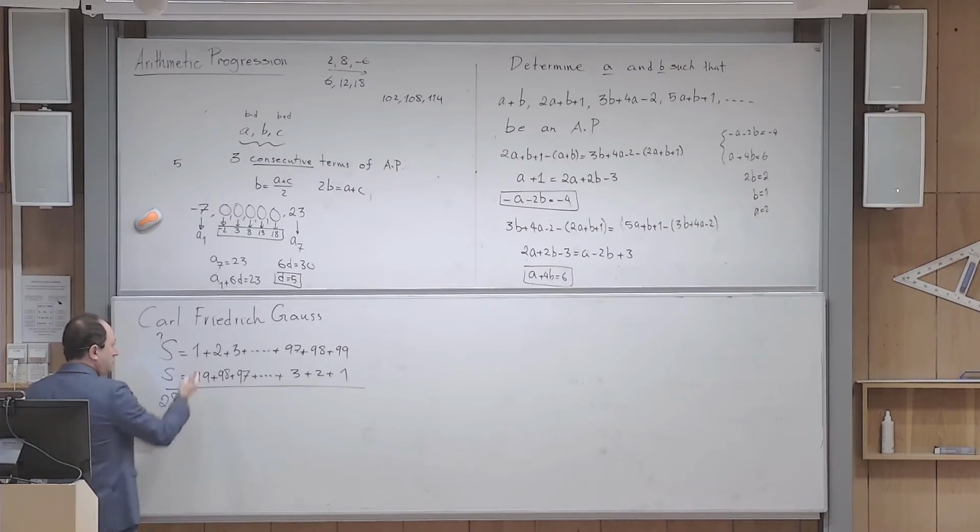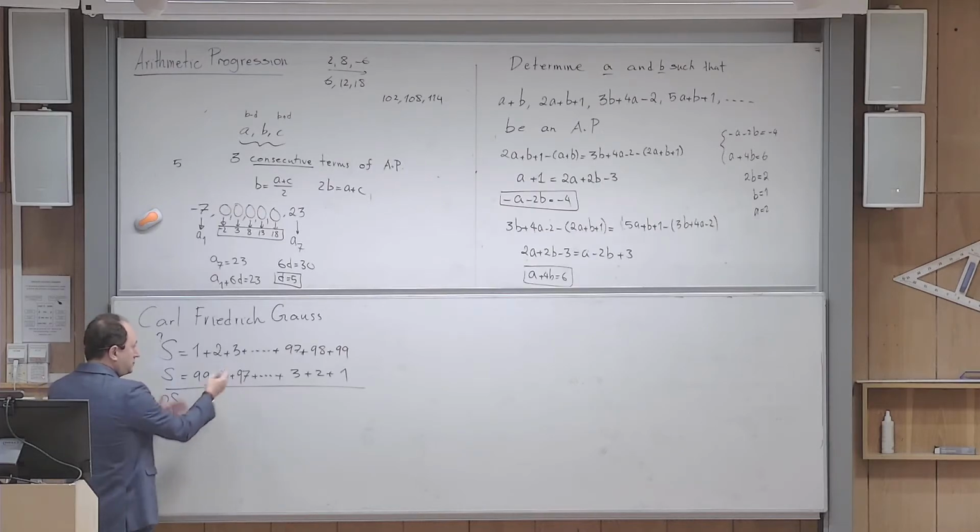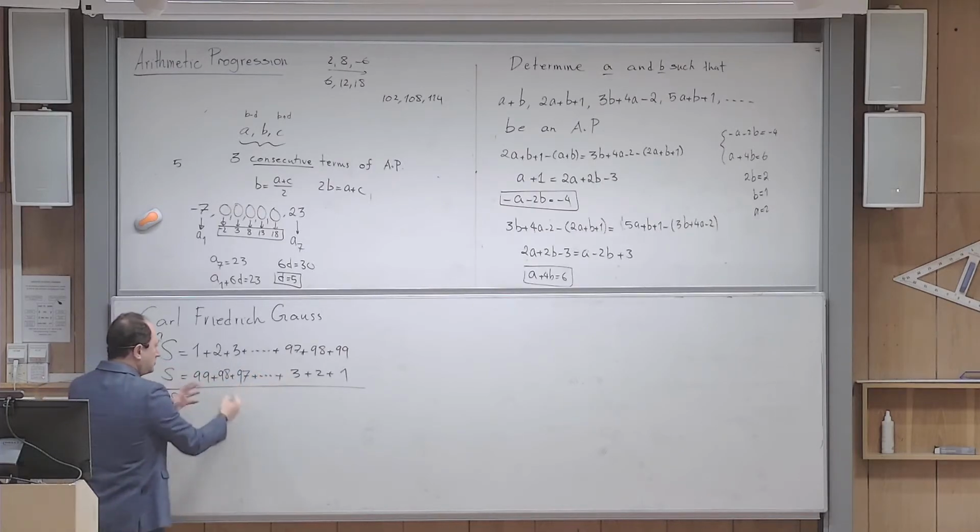And then he realized that if you add them side by side, S and S becomes 2S. Because addition is commutative and associative, it doesn't matter how you group or reorder them.